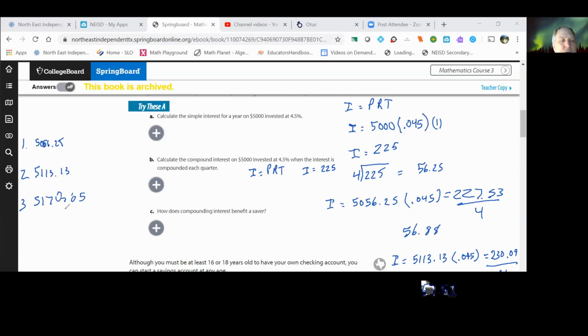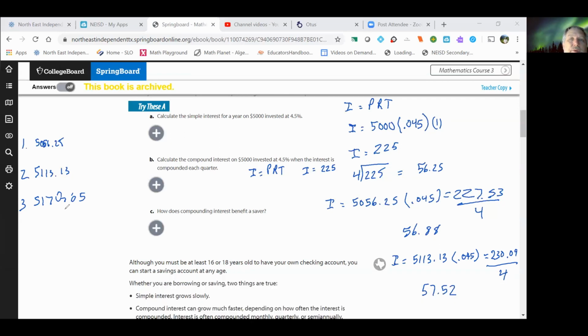And then finally, we do the last one with the simple interest rule. The new principal is 5,170.65, and we multiply that times 0.045. That gives me 232.68, and I divide that by 4.